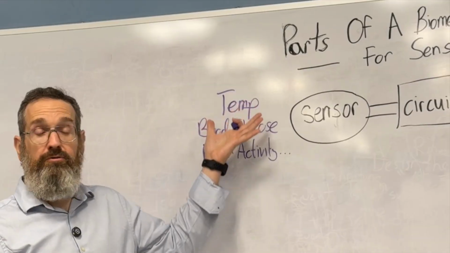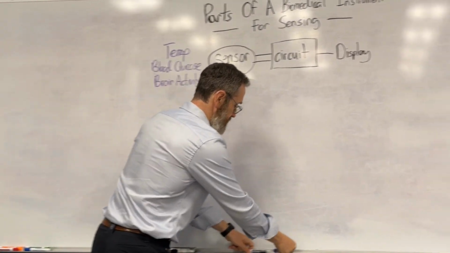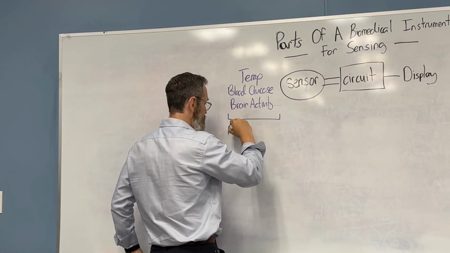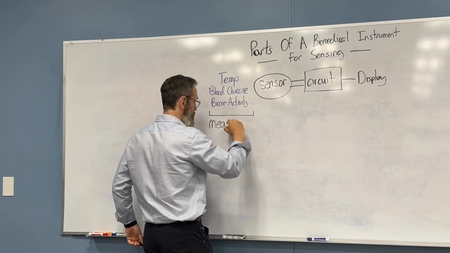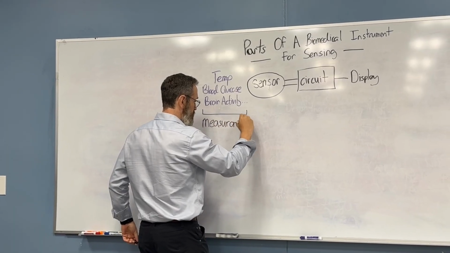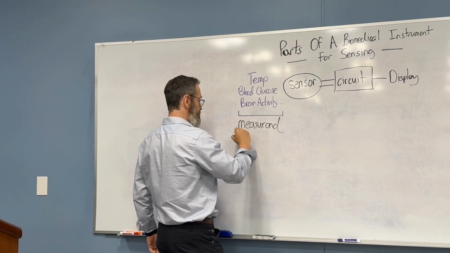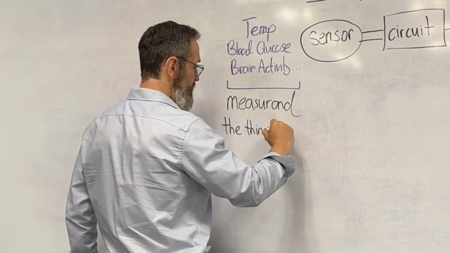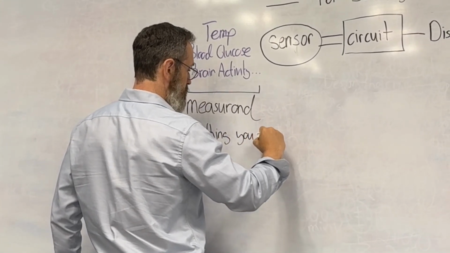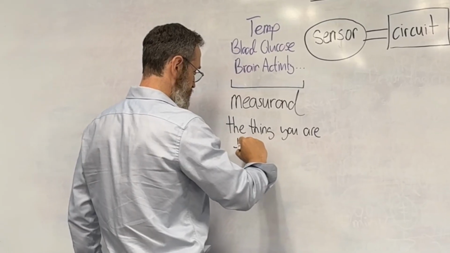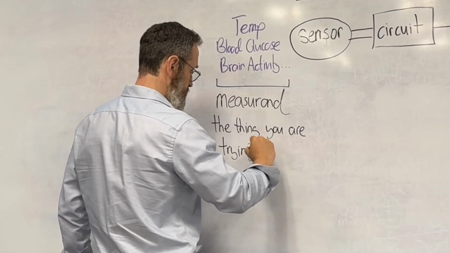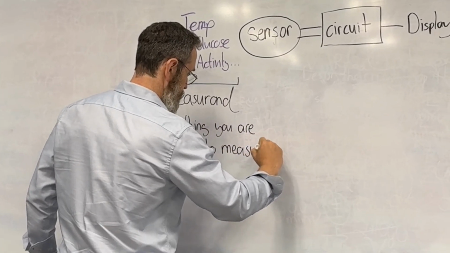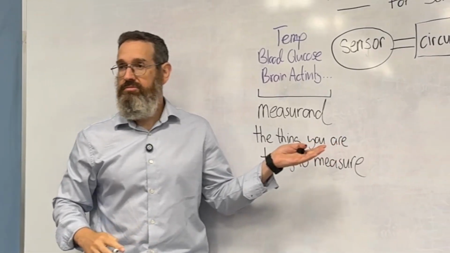We're going to start to refer to the thing that you are measuring, whatever it is, as the measurand, which we can define, in a very technical definition, as the thing you are trying to measure.